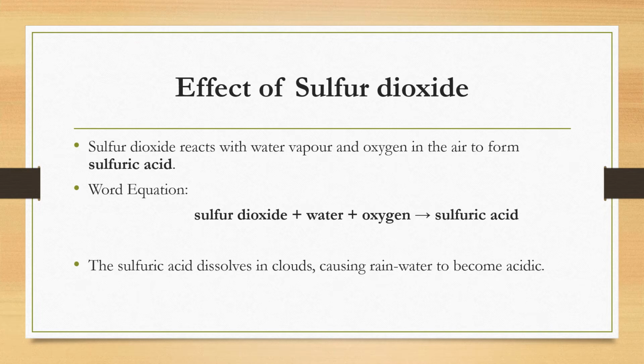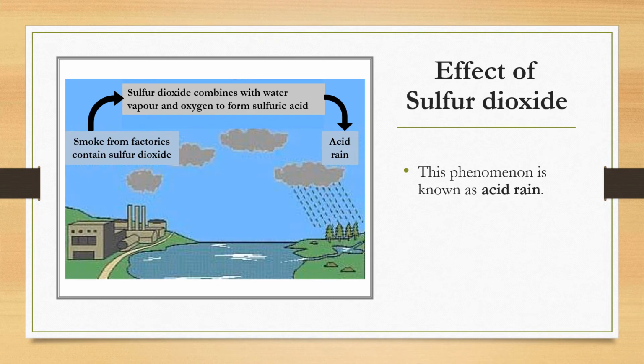The sulfuric acid dissolves in clouds, causing rainwater to become acidic. As you can see in the picture, the release of sulfur dioxide from factories results in the formation of sulfuric acid, which renders rainwater acidic. This phenomenon is known as acid rain.